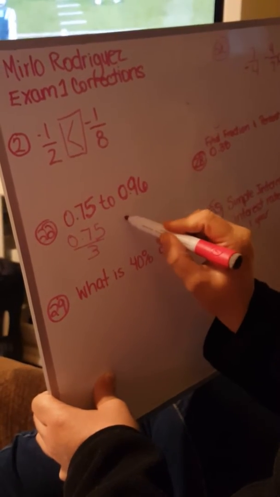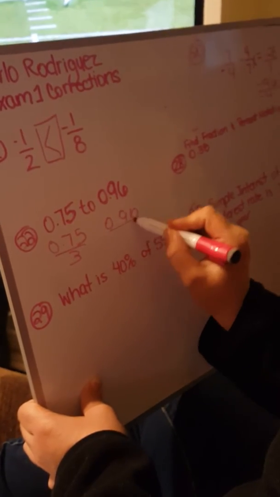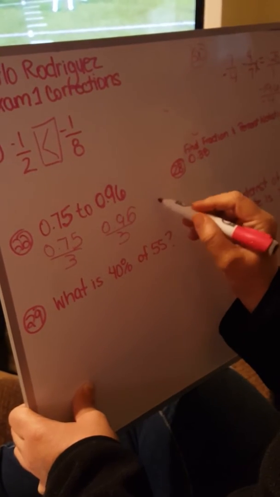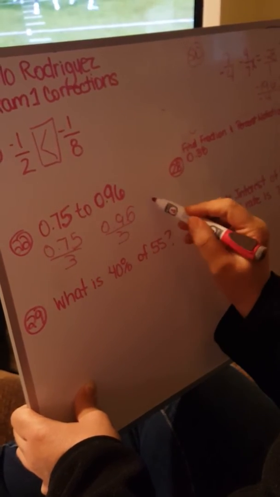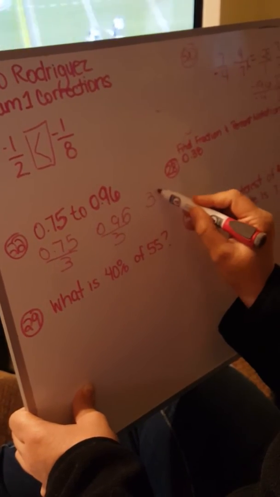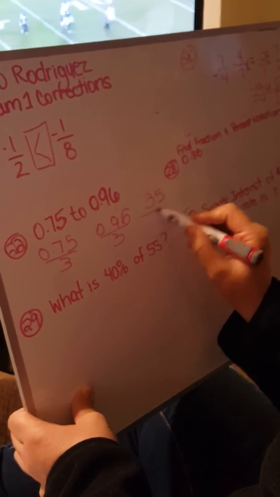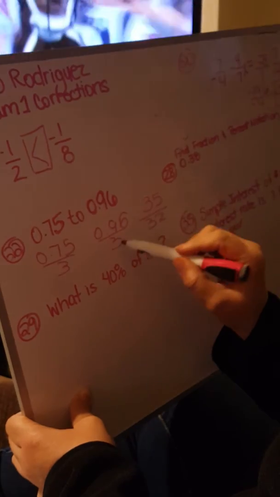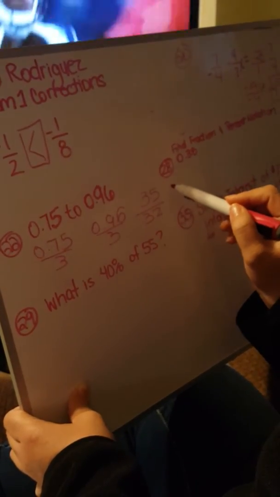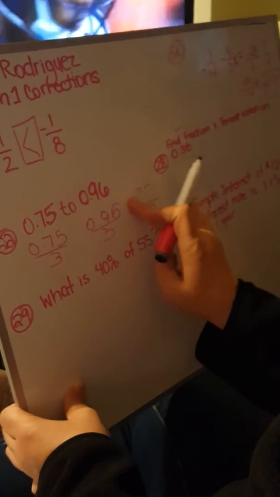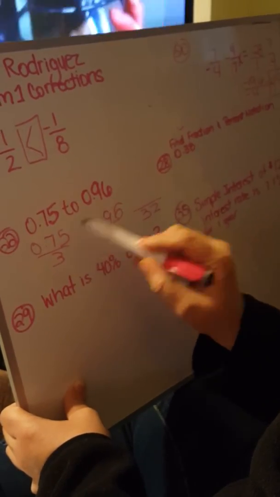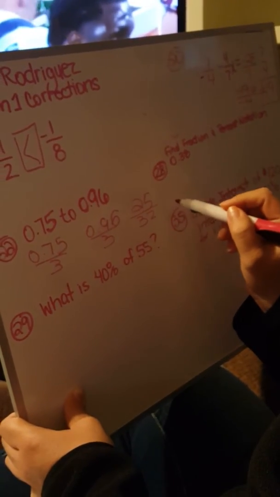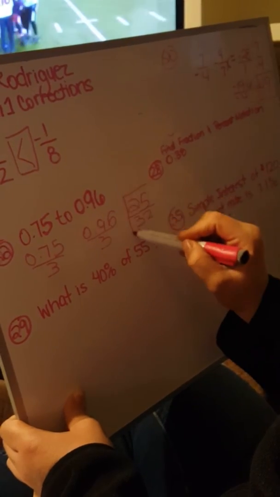And then you have 0.96 divided into 3, giving you 32. And it is, because 3 goes into 9, 3 goes into 6, that's 32. And this one's 25 actually, sorry, because 3 goes into 75, 25. So your answer should be 25 over 32.